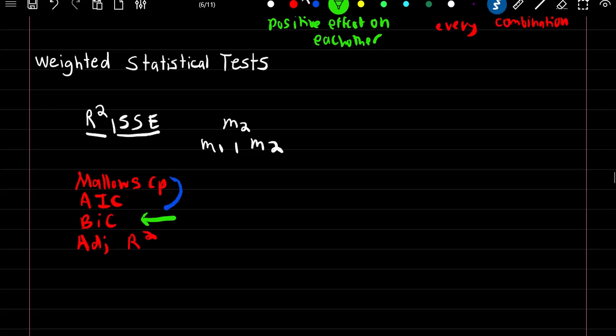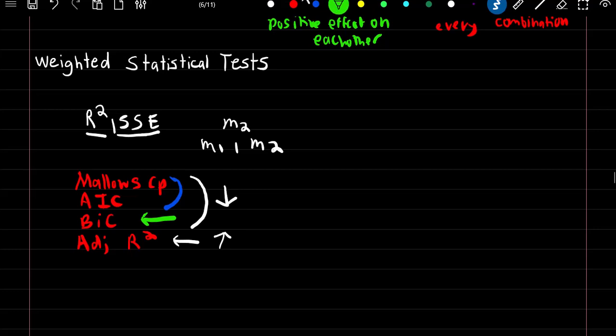So usually you're going to end up with fewer predictors from your BIC model than if you were to use AIC or Mallow's Cp as your statistic. And adjusted R squared, just like R squared, you want to achieve a higher value, but it doesn't have the same interpretation as the proportion of variance explained. For these 3 statistics, lower values are better.